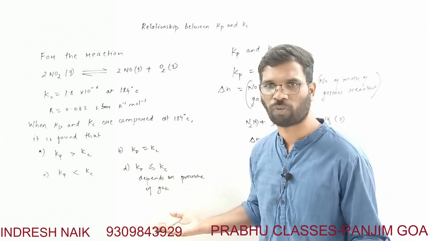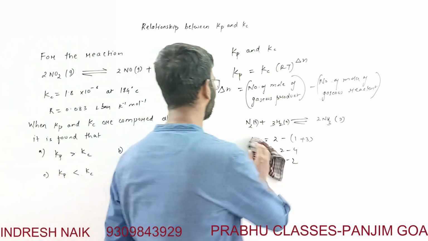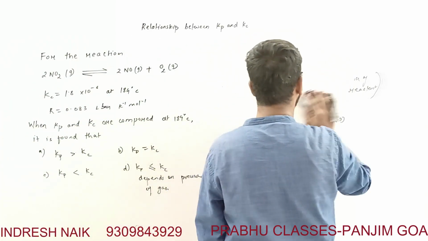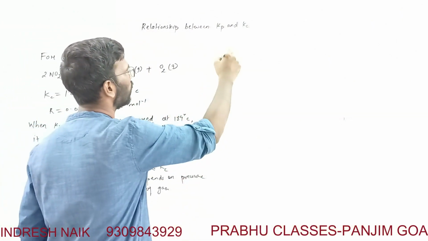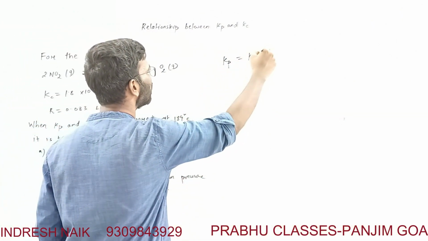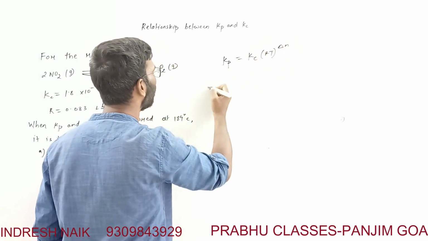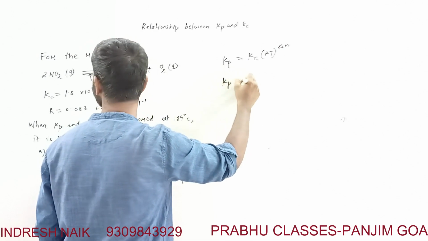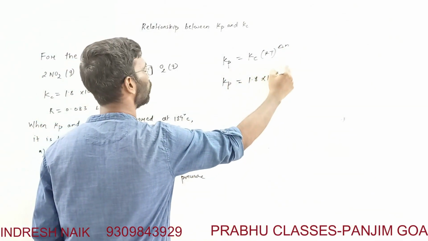You can easily figure out from this, right? Have a look at this. So what would be the answer? What is delta n for this? I'll write this equation: Kp is equal to Kc (RT) raised to delta n. So Kp is equal to what? Kc is given to be 1.8 into 10 raised to minus 6.